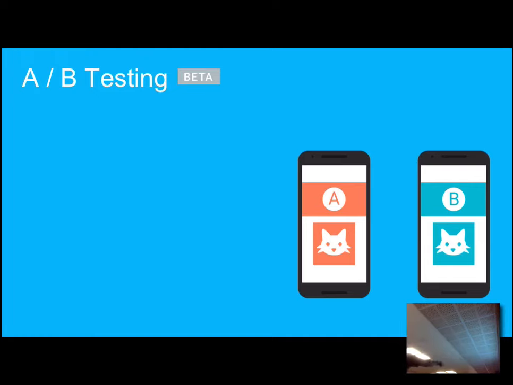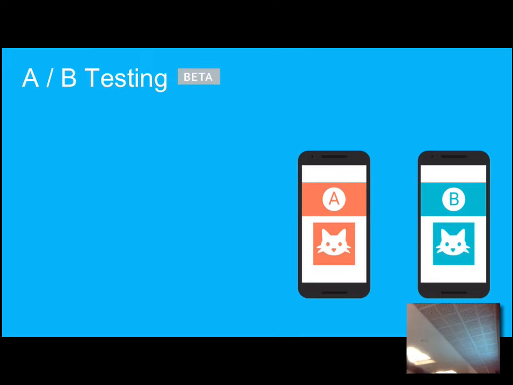So is everybody familiar with A/B testing? Let's say there are four of us developing an app, and 2 of us want this UI, and the other 2 guys want that UI. We don't know which UI to put; we're just fighting among ourselves.